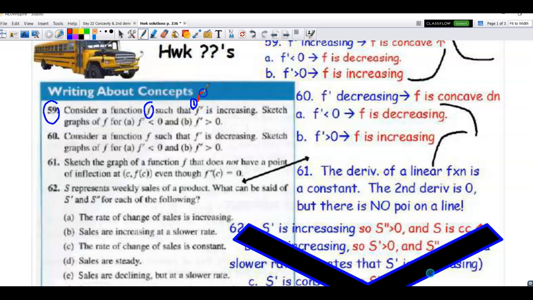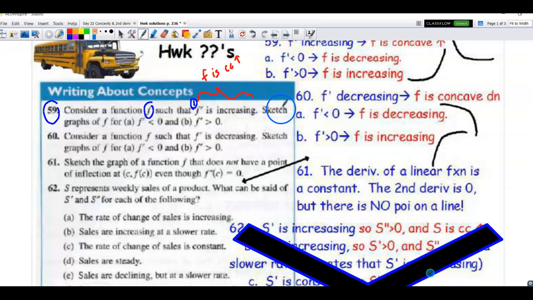If the first derivative is increasing, and you might have to look at your notes at this point to remember, f original is concave up. Go back and look at your notes on concavity. The first derivative can reveal concavity if we know about the graph of the first derivative. So if the first derivative is increasing, we're trying to graph a function that's concave up. All right, so we have one criteria.